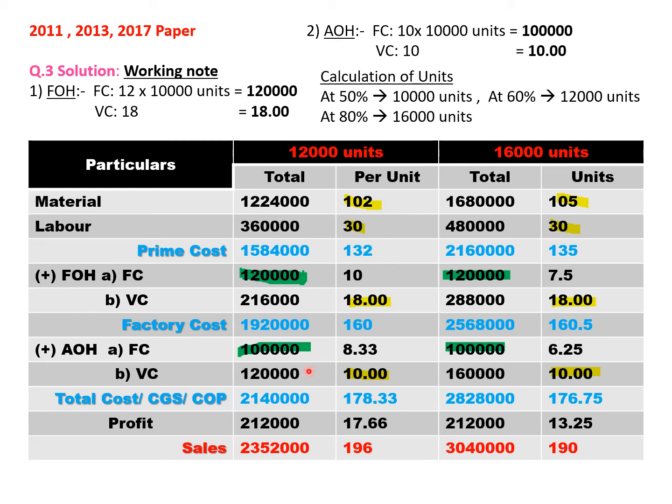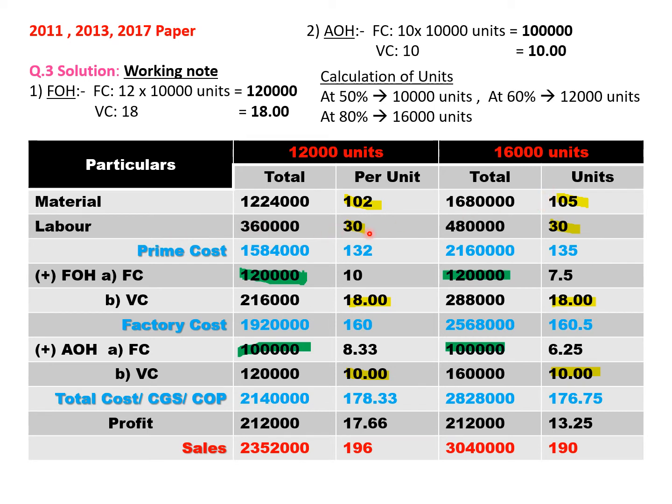Green highlighted is fixed cost total. Material price at 60% is 102, then at 16,000 units is 105. I repeat, material cost at 12,000 is 102, and at 16,000 it's 105. Any doubts, kindly refer to the previous slide.